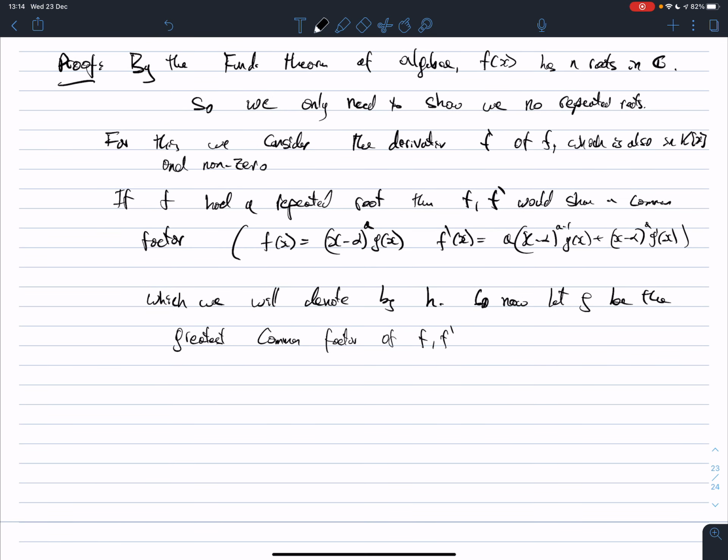Then the degree of g has to be less than or equal to n minus 1, because f prime has degree n minus 1, and g has to divide f prime, and it divides f.